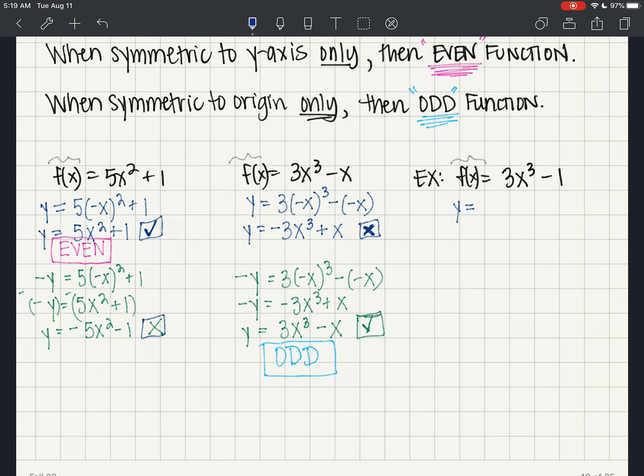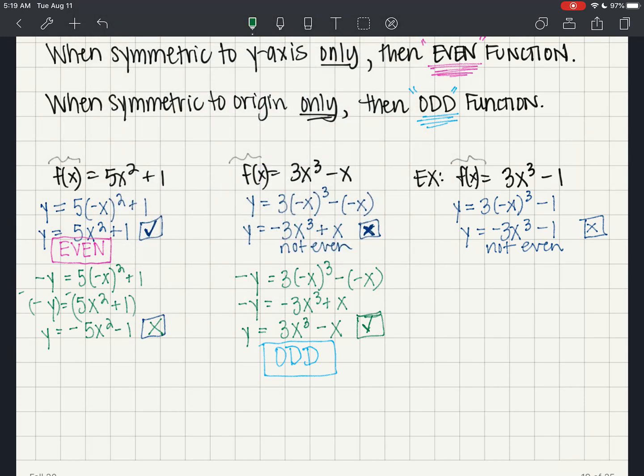We're going to check for even, so y stays the same. I'm going to put a negative in for x. I get y equals negative 3x cubed minus 1, and that is not the same, so this is not even.